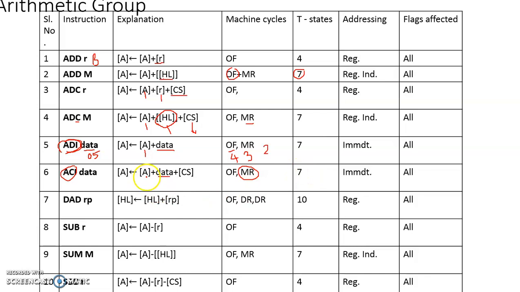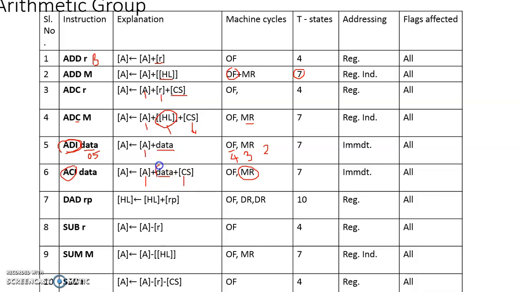Now addressing mode. For this operand it is implicit, and for this operand it follows a register addressing mode. C is mentioned here as a part of the operation code or opcode, corresponding to the carry status flag, which is a part of the status register.